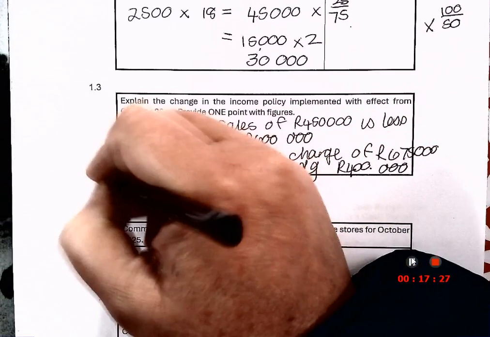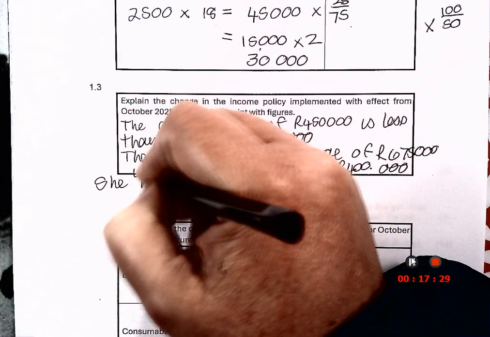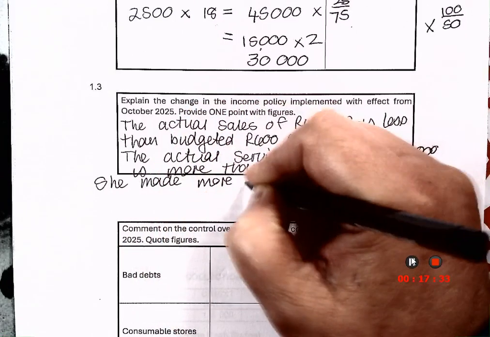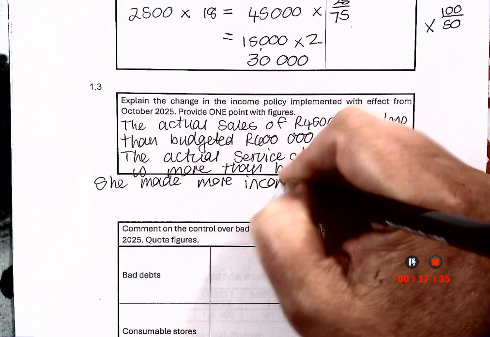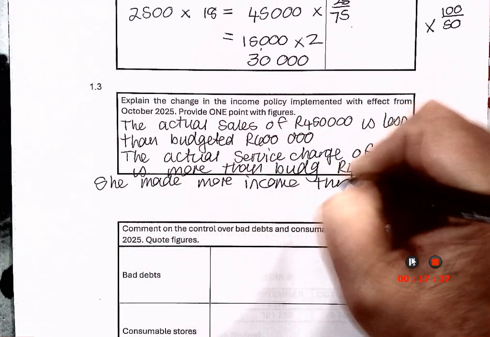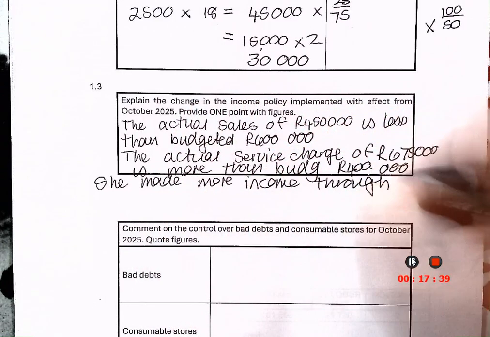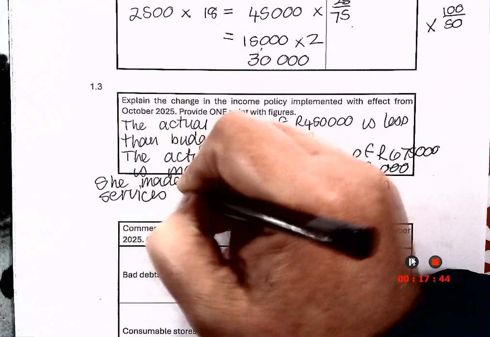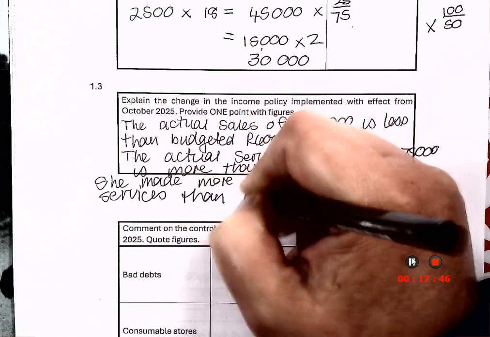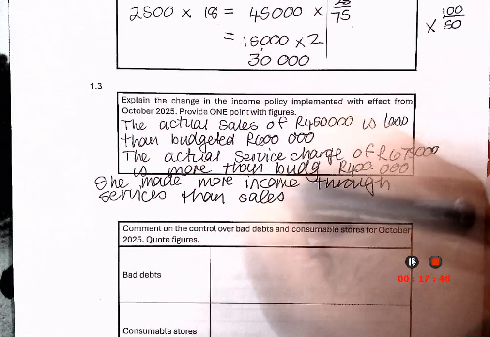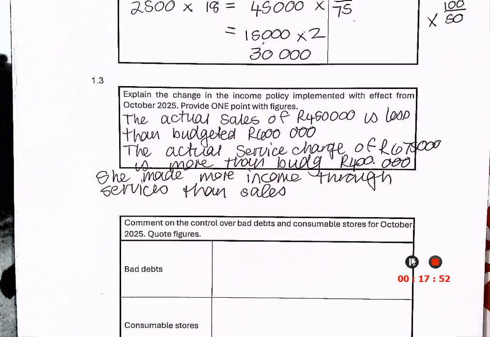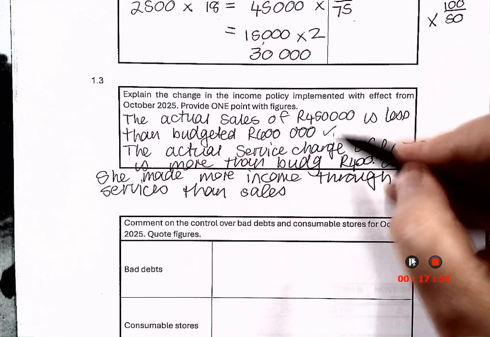She made, or he made, more money, more income through services than sales. Okay. I would just put that sentence extra. But I think you'll get full marks because you wrote those ones.